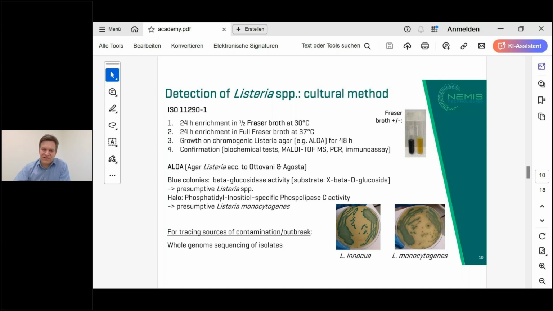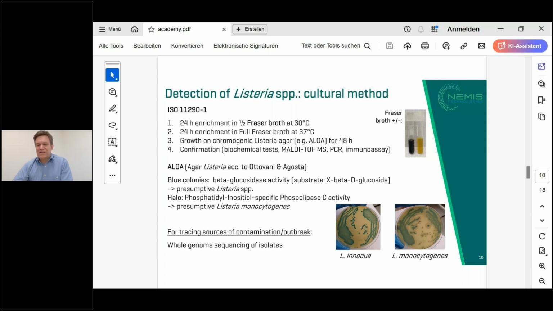Then you do a sub-cultivation, another enrichment in full Fraser broth with the strictest level of selectivity. And then from both enrichments, you do a streak out on a chromogenic Listeria agar. One of the most well-known is the so-called ALOA agar, Agar Listeria according to Ottaviani and Agosti. And here you have to cultivate for 48 hours to be sure, because sometimes the colonies appear quite late.